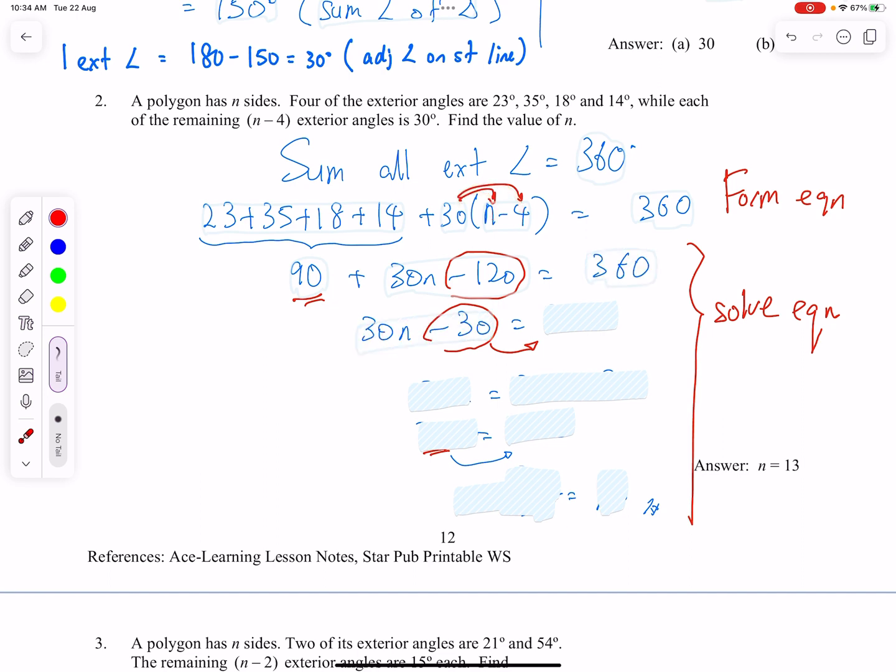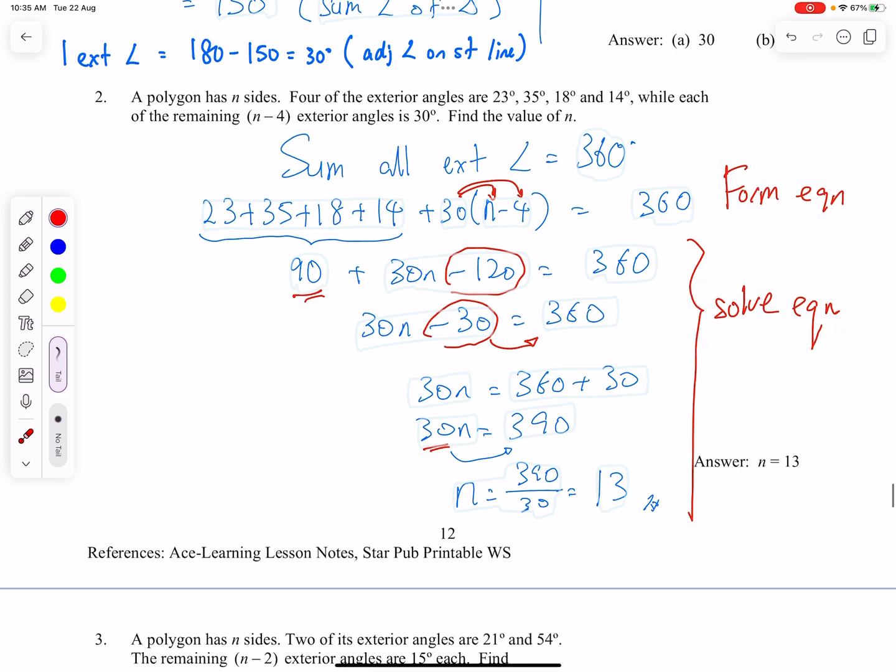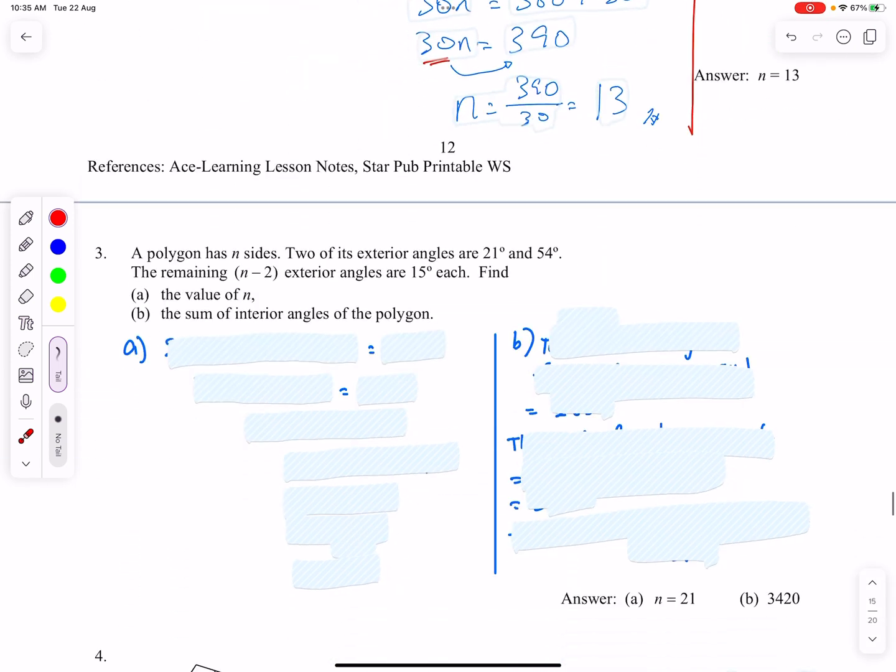Simplifying it, 90 minus 120, I got minus 30, and I have 360 here. I don't want the minus 30, so I bring it over and get plus 30. Then I divide by 30 and I'll get n. So the idea here is always: form an equation, step 1; solve the equation, step 2. Ready? Pause the video now and try question 3.